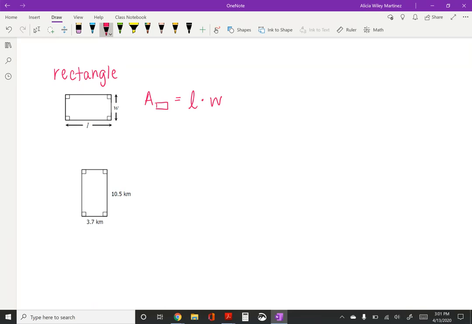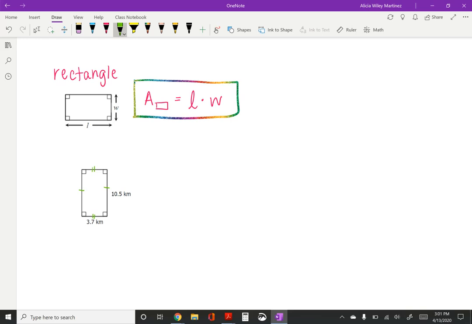So this is our formula for the area of a rectangle. Now, how do we use that formula? Here we have a picture. Now you can see they don't label all four sides. That's because we know the characteristic of a rectangle is that opposite sides are congruent.